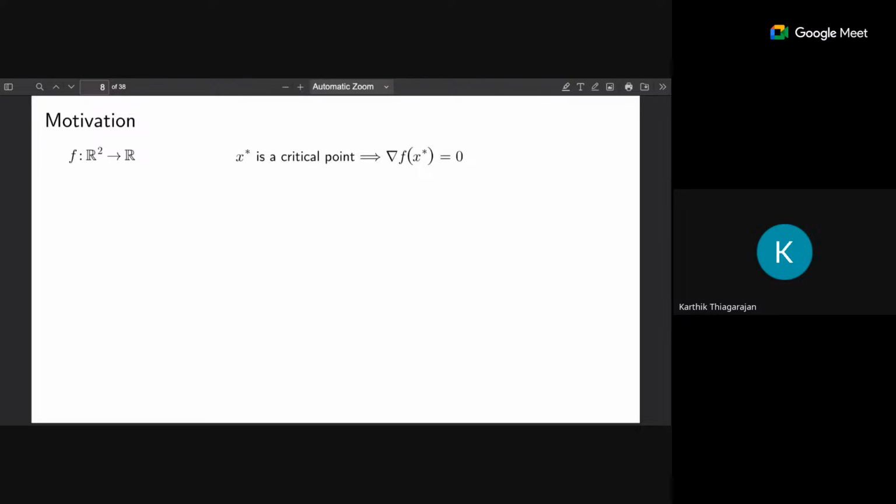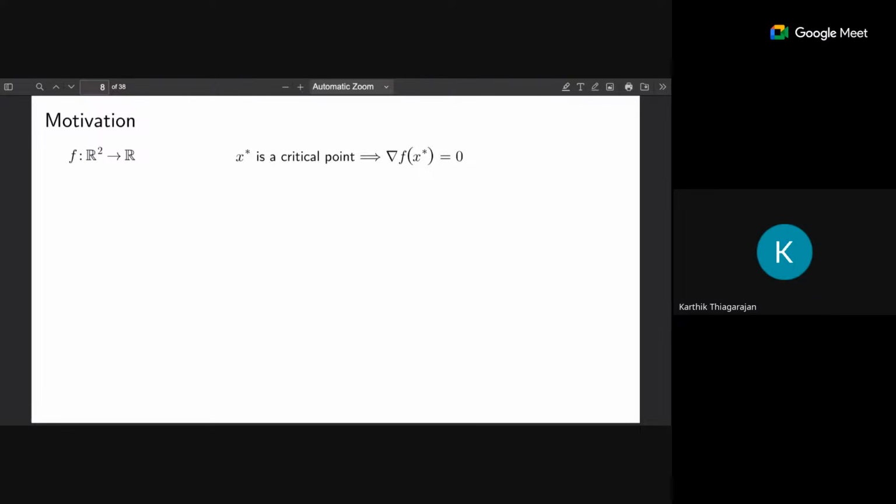So what is it for a function of two variables? Revisit Taylor series for a function of two variables. It will be f of x1, y1 is equal to f of x naught, y naught minus eta times the gradient at x naught, y naught.